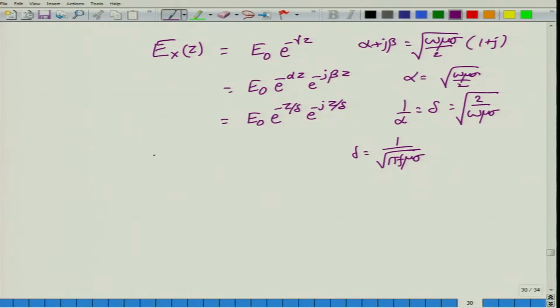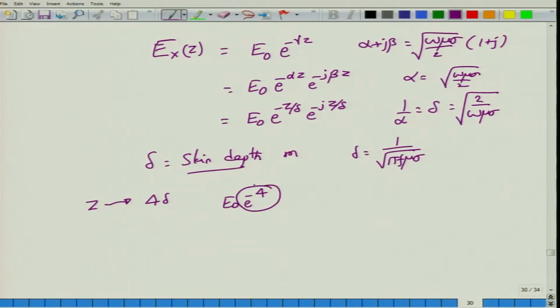And delta is what we call the skin depth. It is measured in meters; you can go back and show that. If you travel a distance of 4 delta, then the amplitude would be e power minus 4, which is such a small number that this is approximately 0.